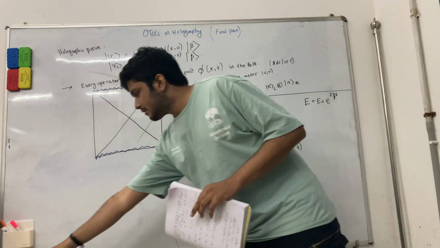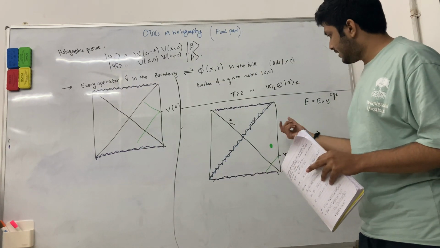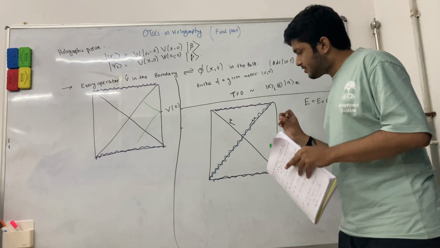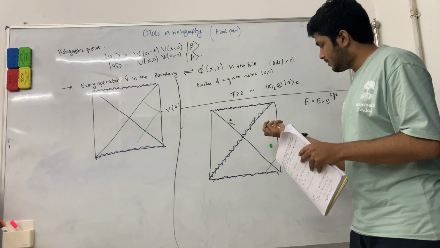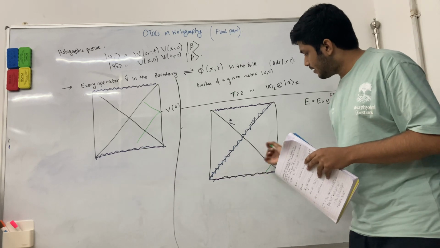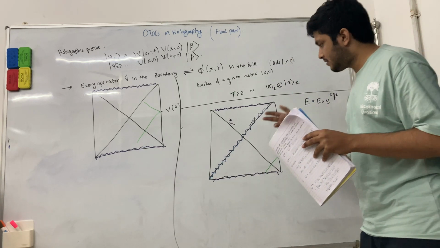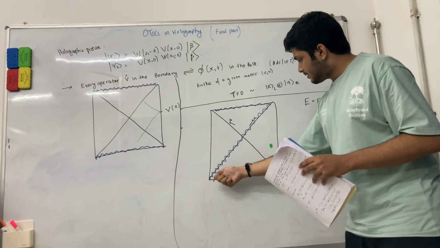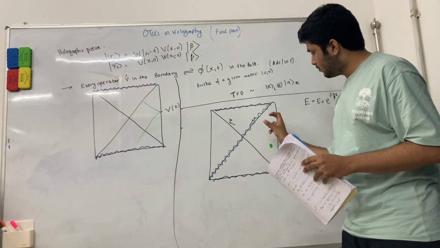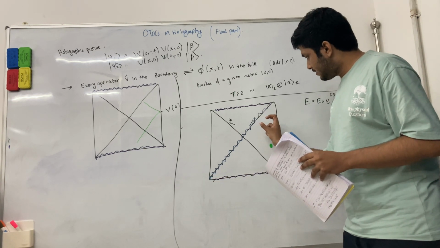With time, because of this exponential behavior, this perturbation is getting stretched in the v direction and compressed in the u direction. So like this green line, for sufficiently large times, it will keep getting stretched in v and suppressed in u.